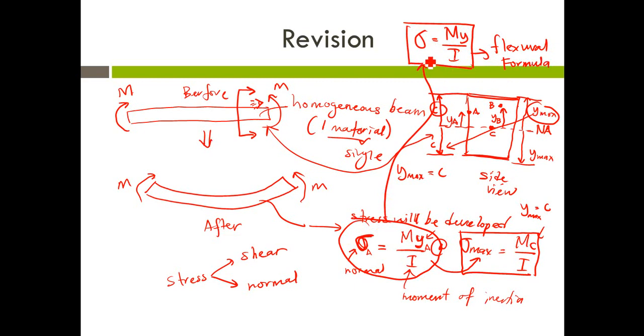When I say flexural formula, it means sigma equal to My over I. Basically, this equation is derived with the assumption that the beam is made from homogeneous material.